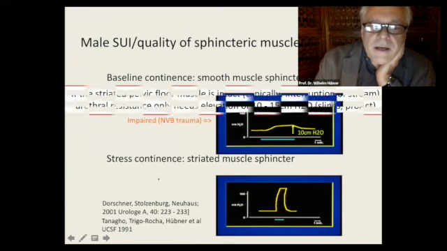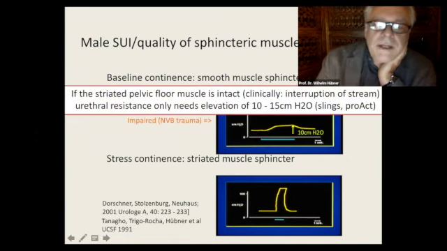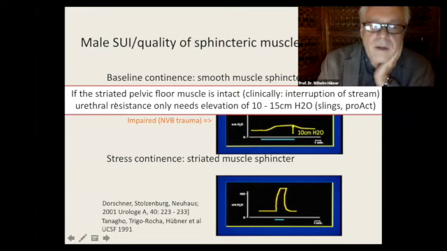Now, if we have an impaired smooth muscle caused by neurovascular bundle trauma, but the striated muscle is intact, which you can find clinically by interruption of the stream, you sometimes only need to raise the urethral resistance by 10 to 15 centimeters of water. And this can be done by slings of all kinds and the ProACT.